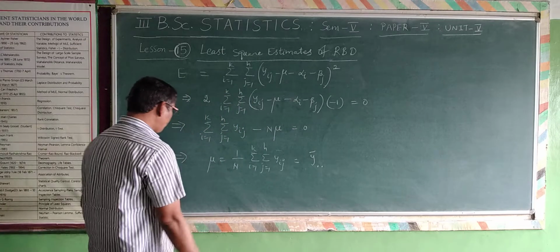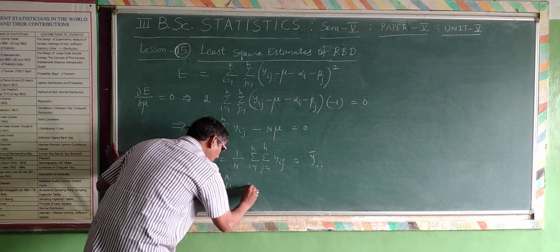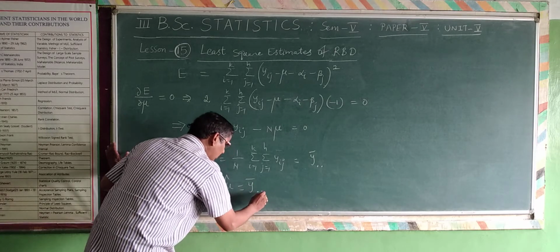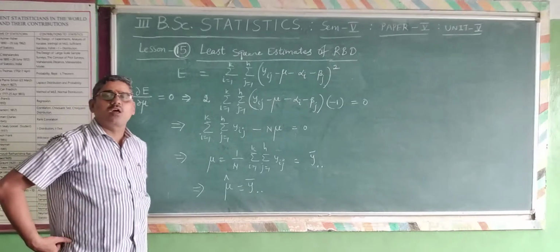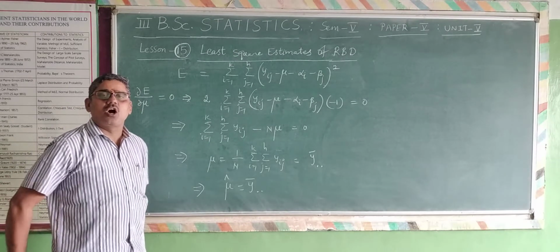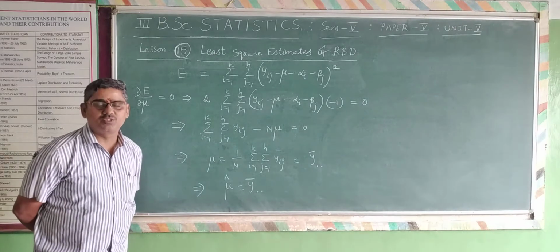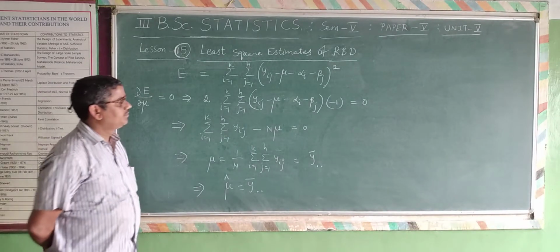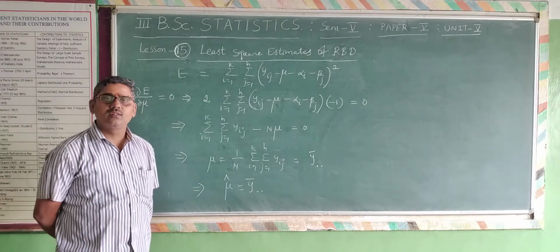So therefore, I write the estimation of mu hat is equal to y bar dot dot, the overall mean. The overall mean, that is the overall yield, the average yield of all the observations. That's what overall mean is. This is the estimation of mu. Do you understand this? Right.